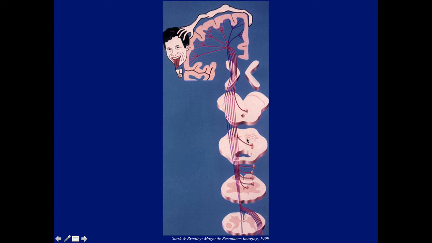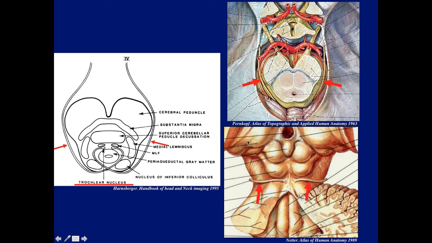There's only one exception. The trochlear nerve does not cross over in the medulla or in the brain stem. That's the only cranial nerve that the crossing is at the lower motor neuron level.